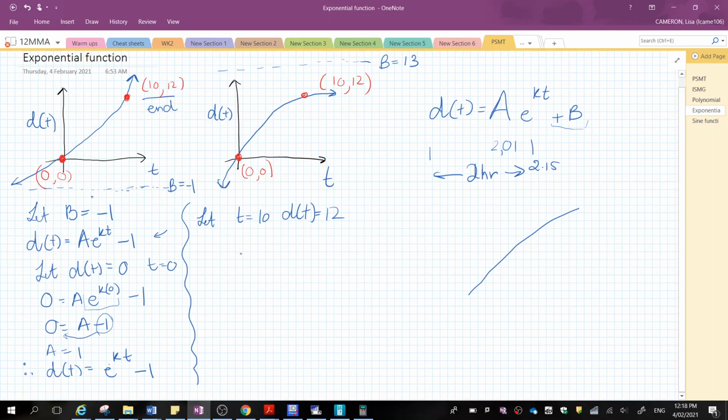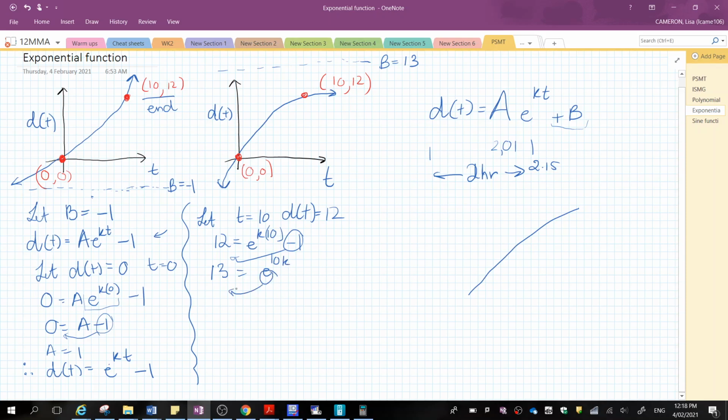So 12 is equal to e^(k·10) - 1. Move the 1 to the other side to make it 13 equals e^(10k).